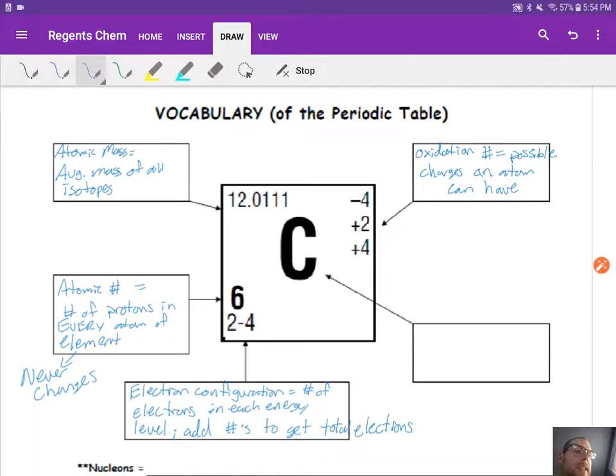The last arrow here, guys, is showing the element symbol. You should be very well aware of this. You've had a few quizzes already. That's how we identify what element we have.